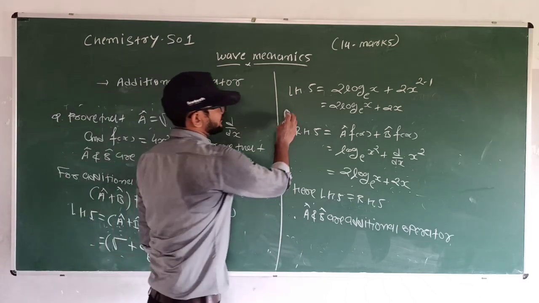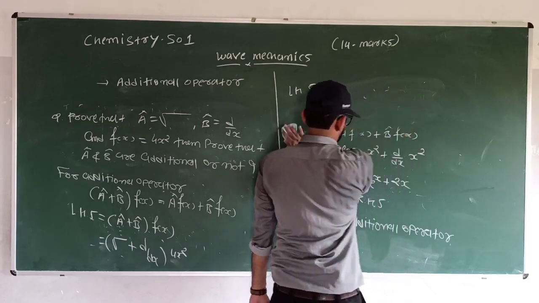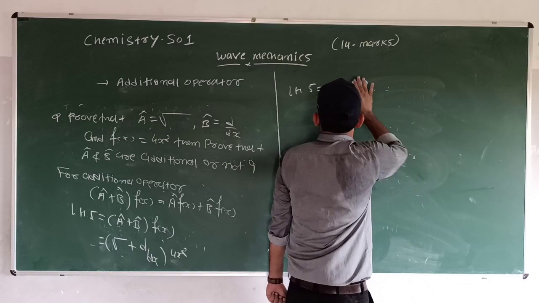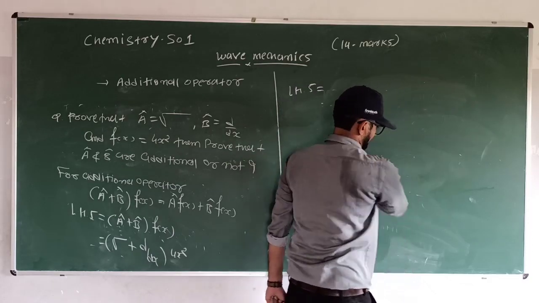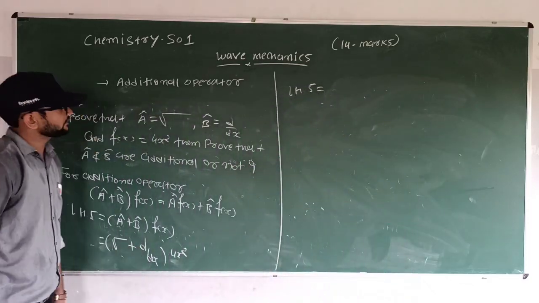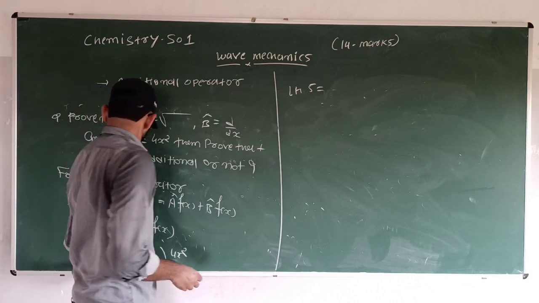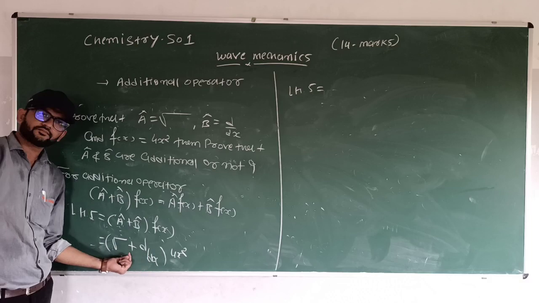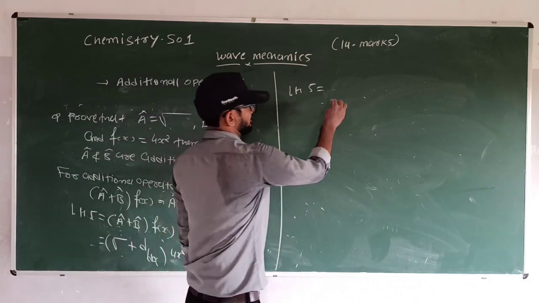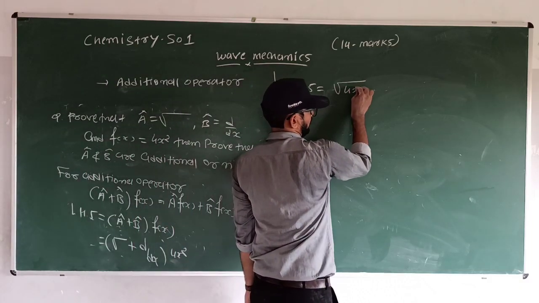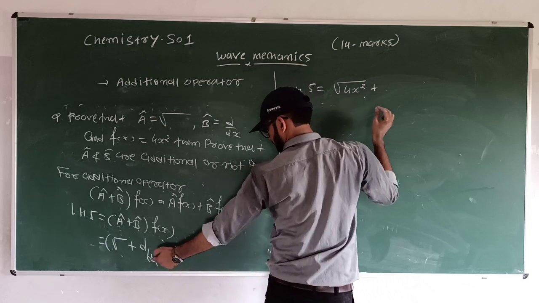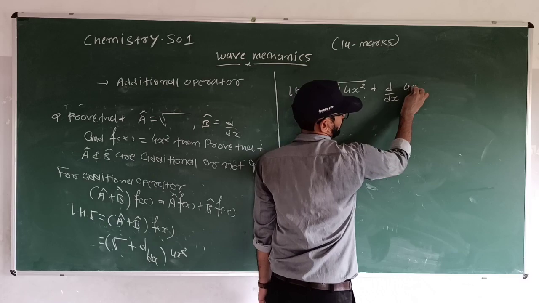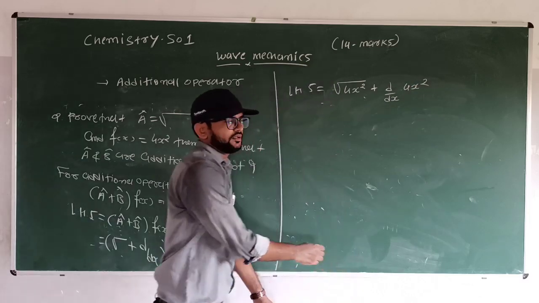So the value of LHS will be: 4x squared multiplied into the bracket, under root of 4x squared plus d/dx of 4x squared.